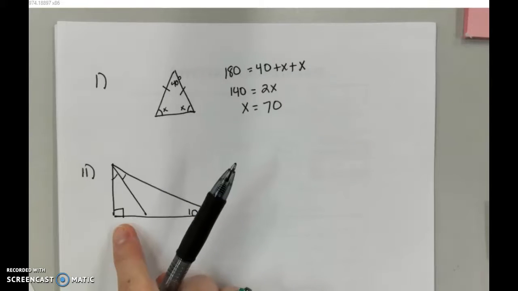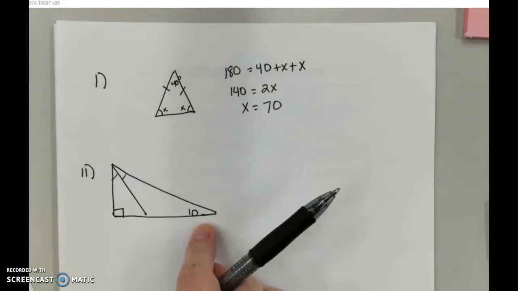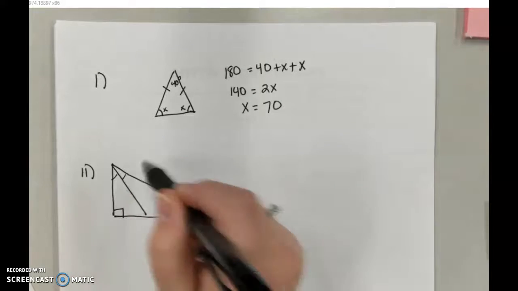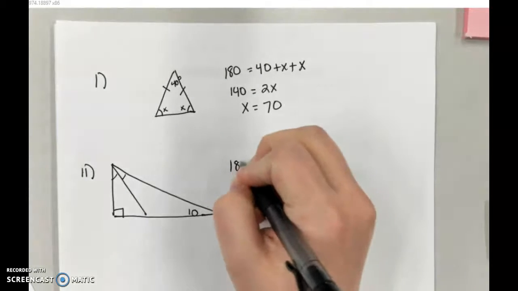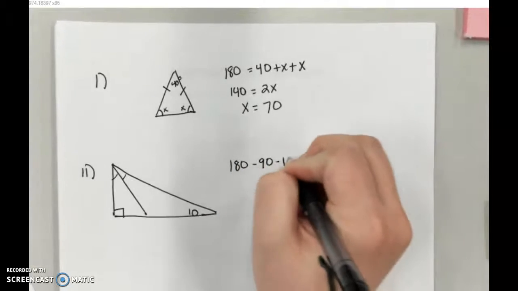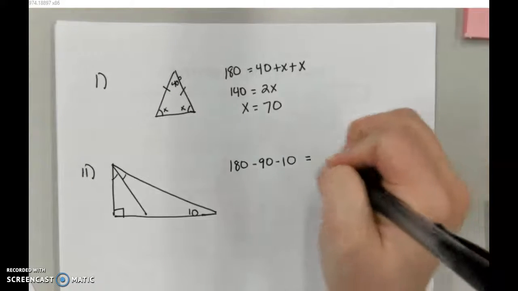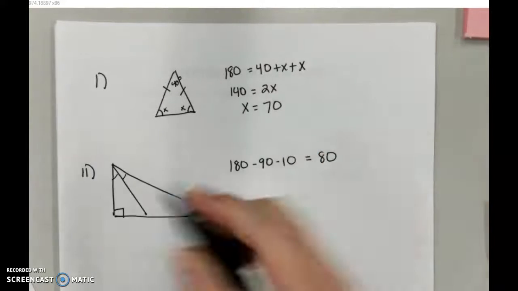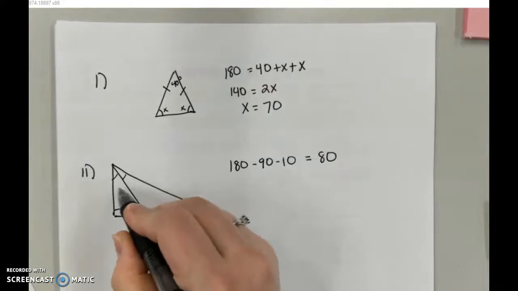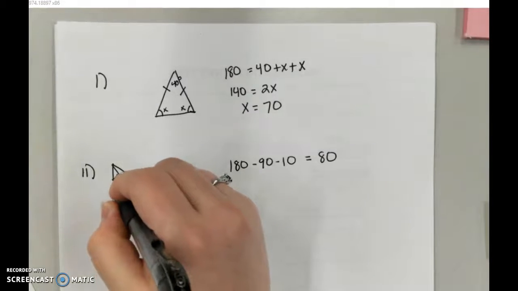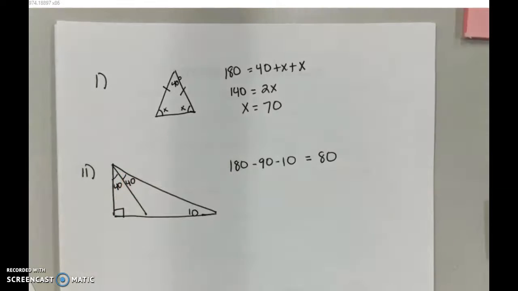I know this is a right angle, so it's 90, and I know this angle is 10. So I can find this total angle measure by subtracting 90 and 10 from 180, and that leaves me with 80. So this total angle is 80 degrees, and if it's bisected, that means that each of these is 40.